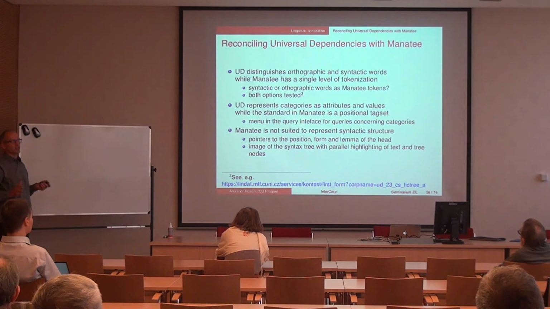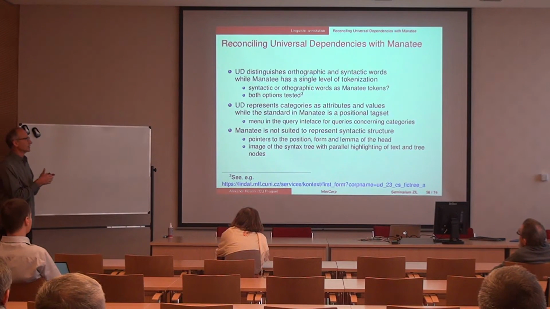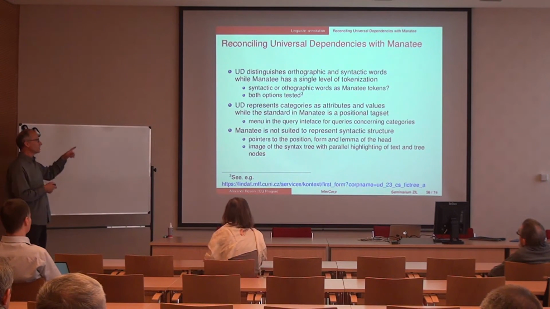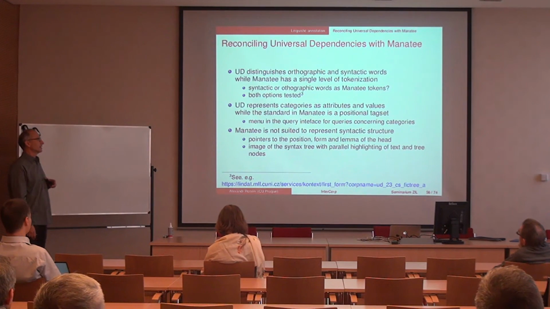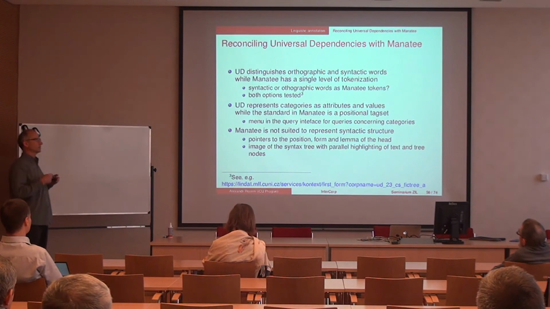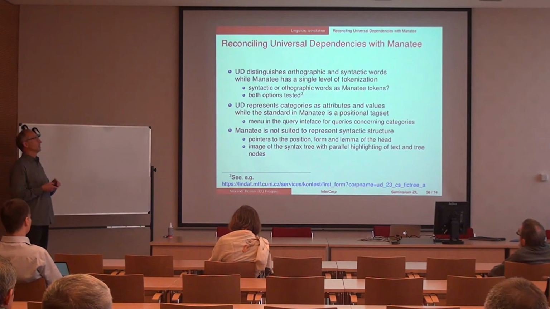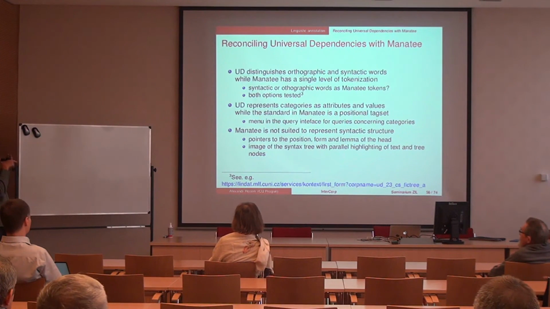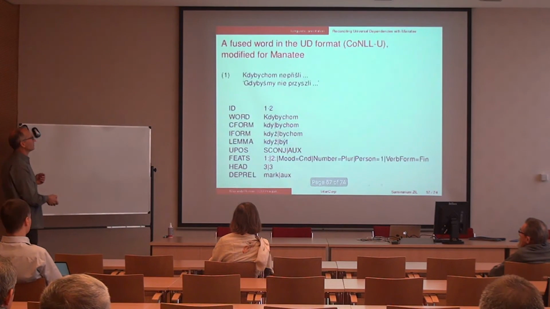And that's already done, and that works nicely. For syntactic queries, it's harder. Manatee is not suited to represent syntactic structure, so it's simulated by pointers to positions. Each token has a pointer to its governor or head, and also to its lemma and form. And you can have an image of the syntax tree with parallel highlighting of the text and the tree nodes for all the concordances. So that's what we think we will have.